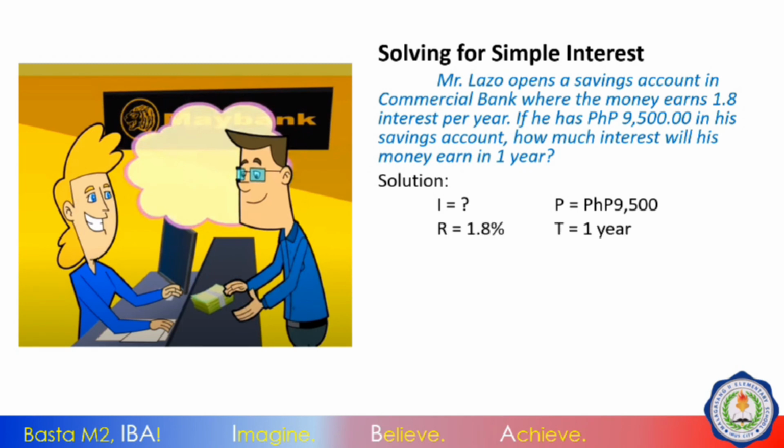I is for the interest, P is for principal, R is for rate, and T is for time. Therefore, the principal is 9,500 pesos, the rate is 1.8%, and the time is 1 year.